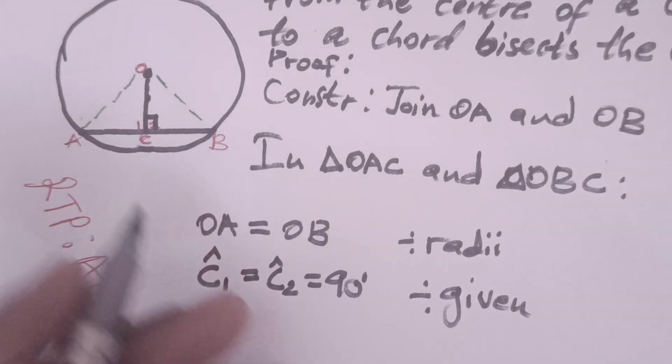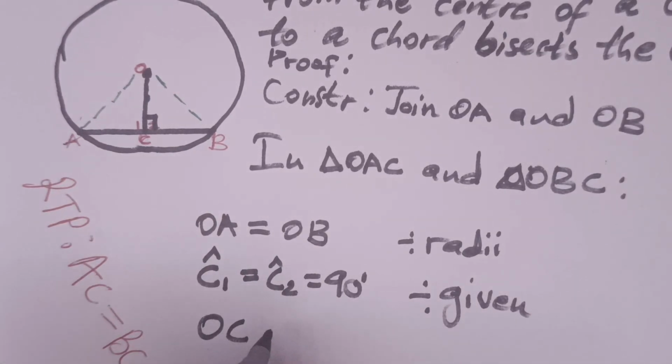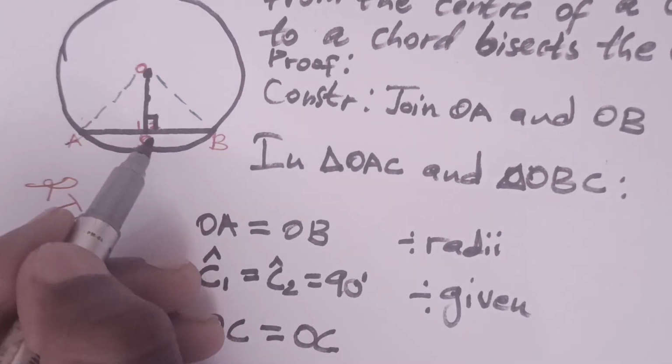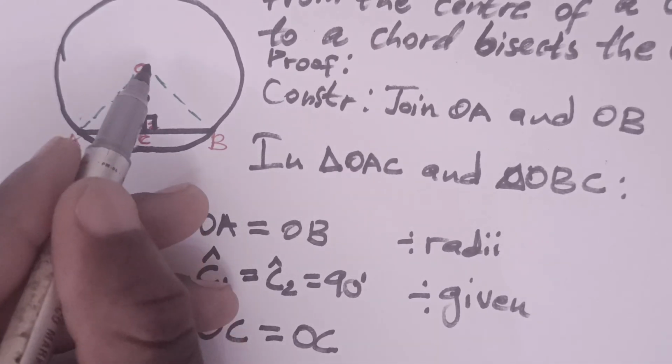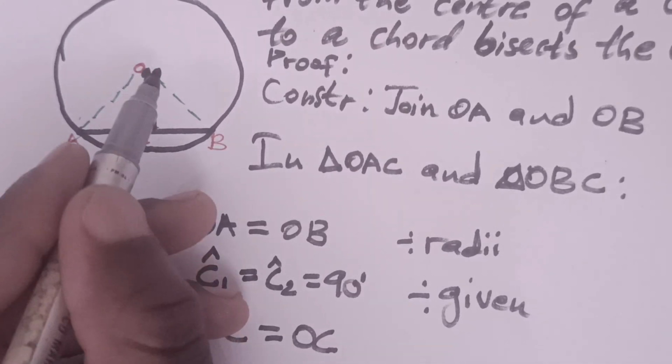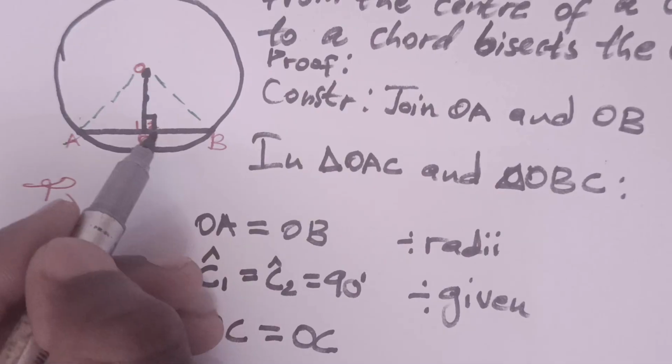Also, OC is equal to the very same line OC, meaning the OC in triangle OAC is equal to the OC in triangle OBC.